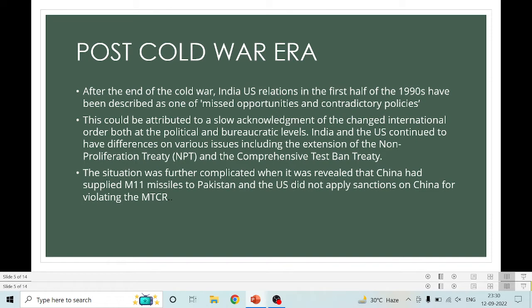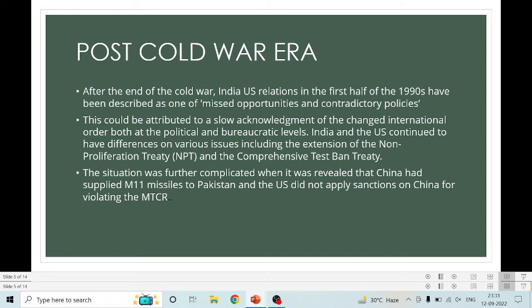Then came the era of multi-alignment, because India was free to choose many partners, because the world was now changing from a bipolar world to a unipolar world, and now it has become a multipolar world. So, what happened was that during the first half of the relationship in the 1990s, it didn't reach the pinnacle, because there was some kind of coldness, there were some bureaucratic hurdles as well.